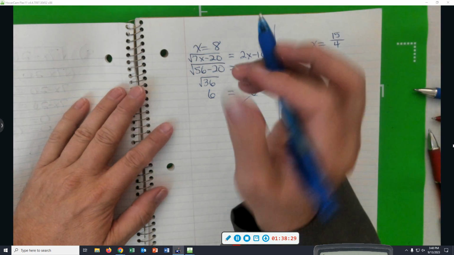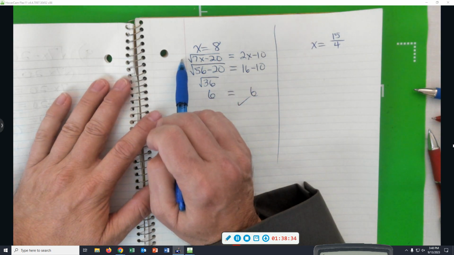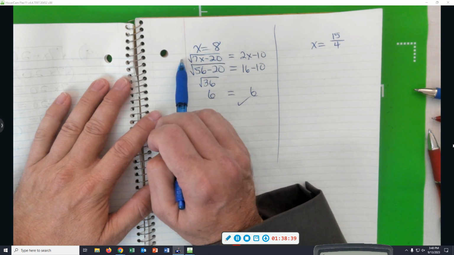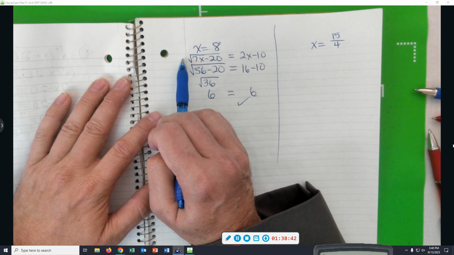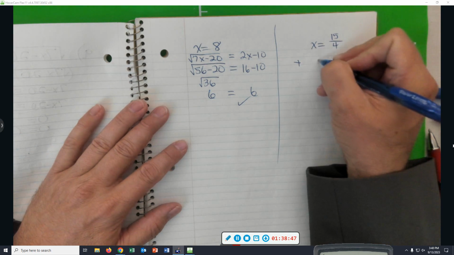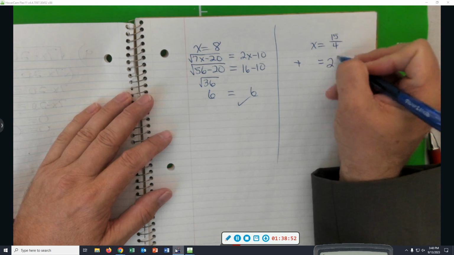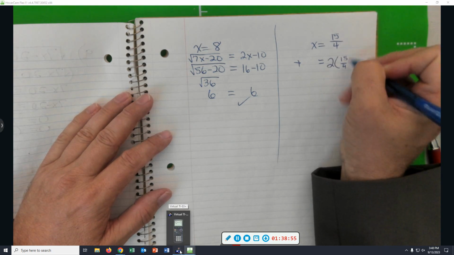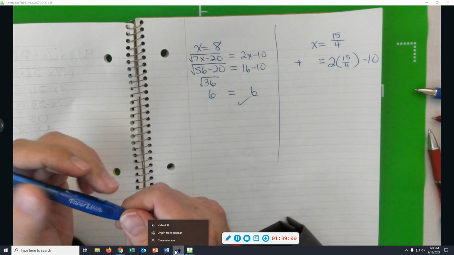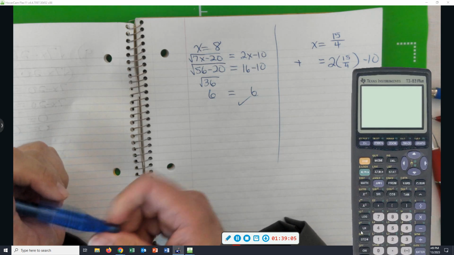Now remember, let's pull that trick we tried earlier. What sign is the left side going to be, positive or negative? When you have a square root, I don't see a sign there, so you know the result's going to be positive. 2 times 15 fourths minus 10. That's going to be 15 halves, so 7.5 minus 10.